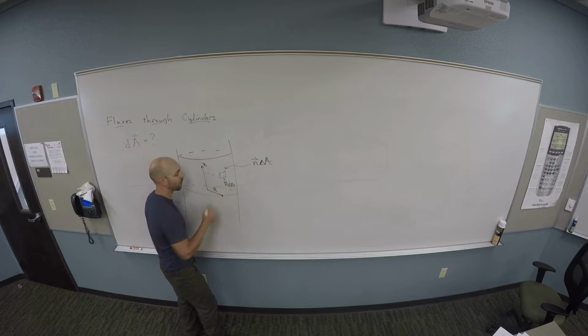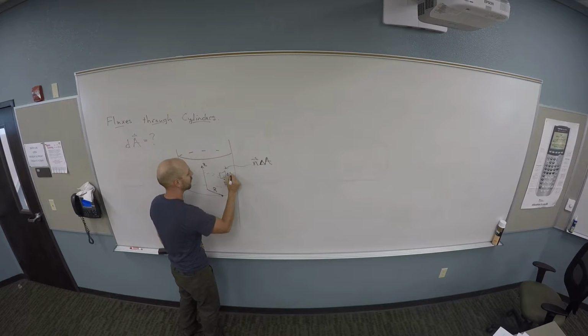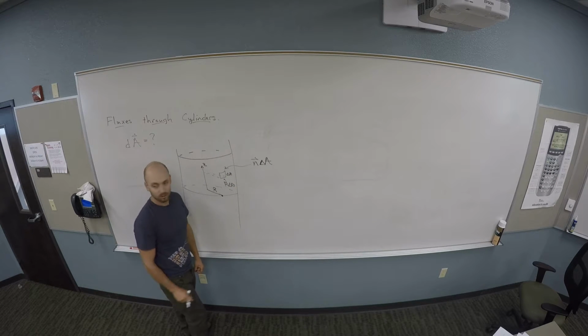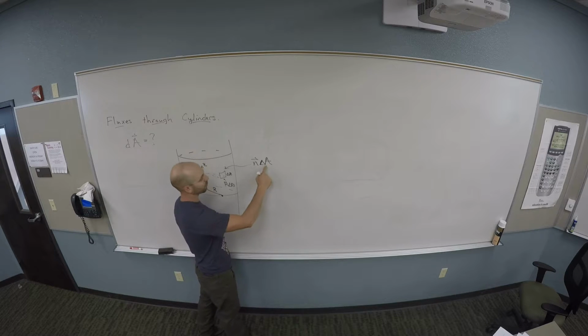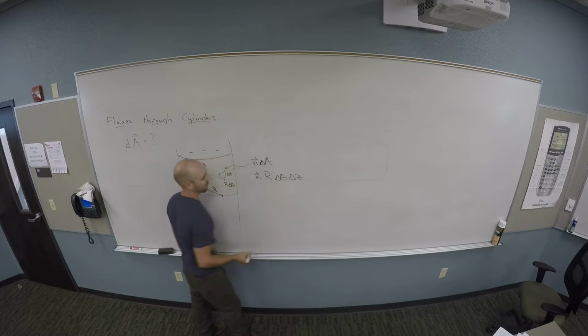Because it matters how far out it is. And then there's a delta z for the height. You guys see that? So on this, I know I can replace the delta area with an n times r times delta theta delta z.